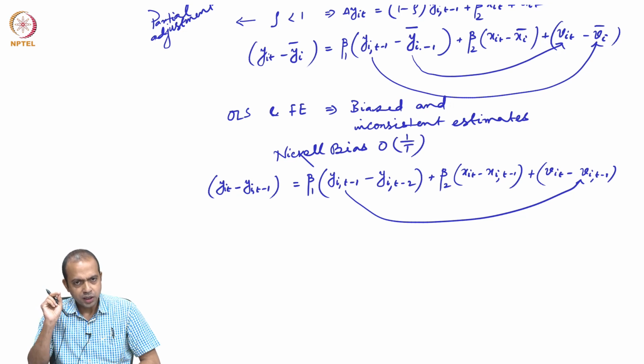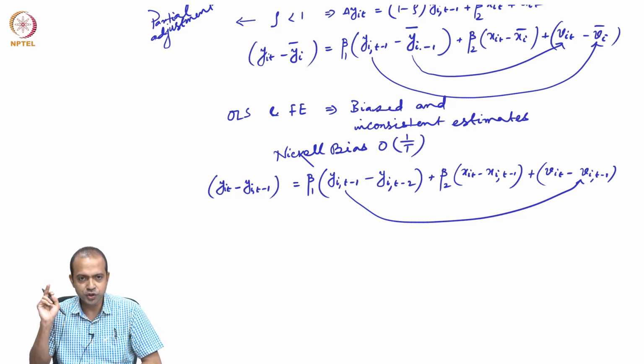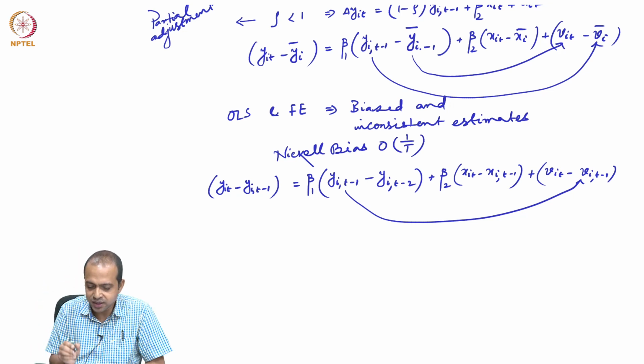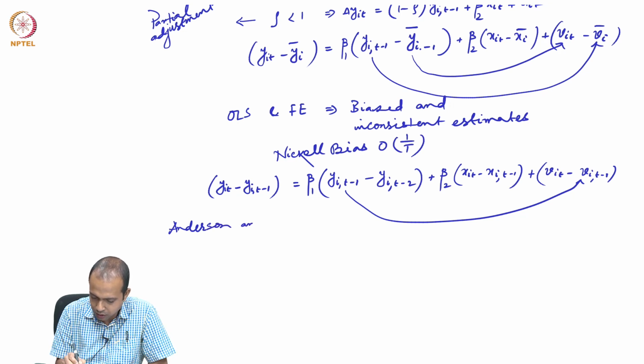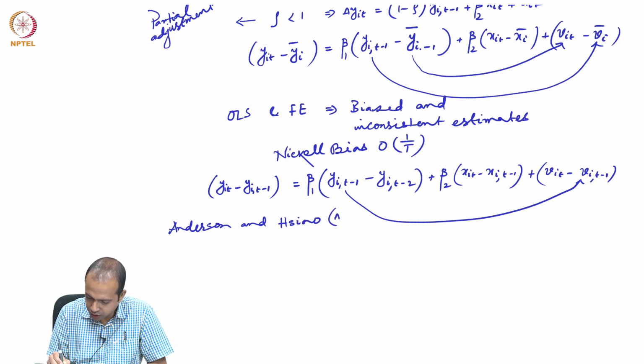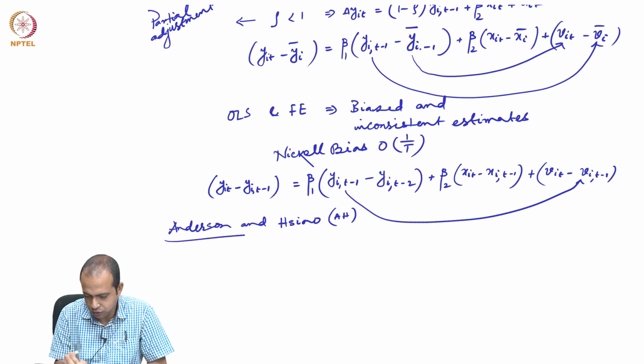And this particular idea was first given by two famous econometricians, Anderson and Hsiao. In short, the AH approach.